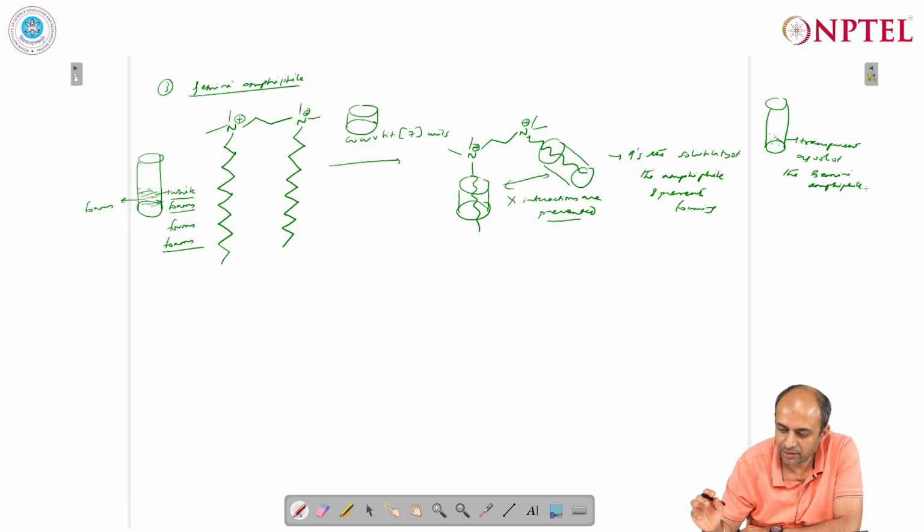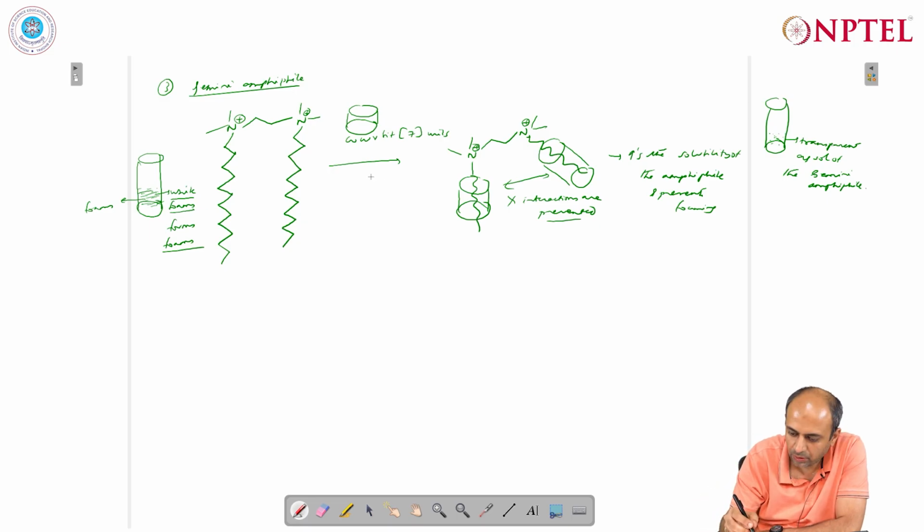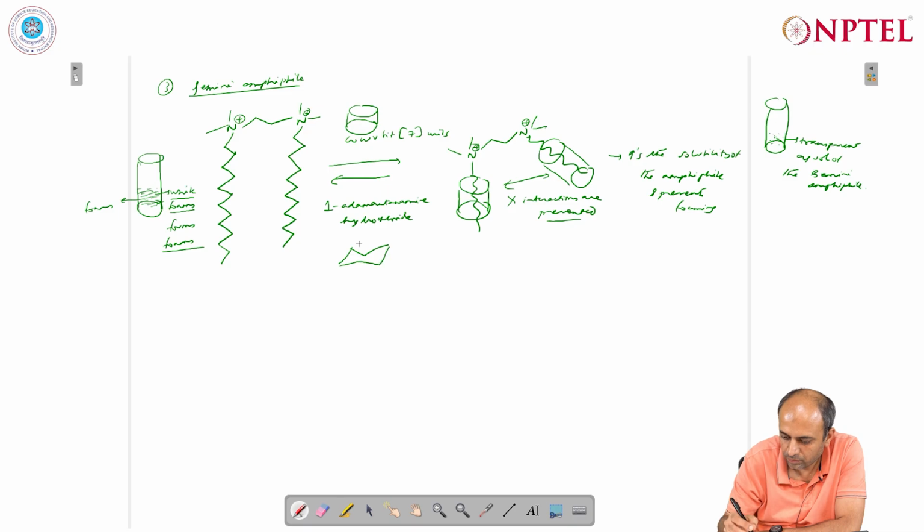So now the solution becomes transparent, and then you can actually reverse the process. Again, you can actually disengage these cucurbit[7]urils by the addition of 1-adamantane hydrochloride. So if you add this particular compound, then it will form again the starting material, which again starts forming.